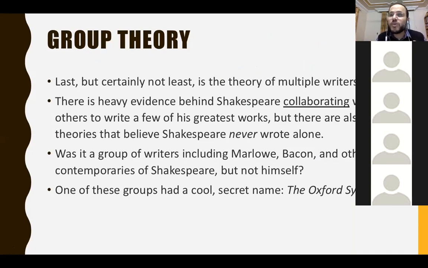So they believe in what is called the group theory, where a group of writers must have agreed to collaborate to produce these plays, including Marlowe and Bacon and other contemporaries. But two things I want to say.